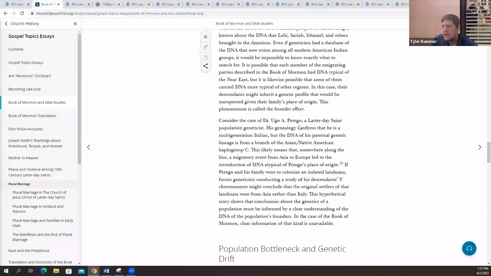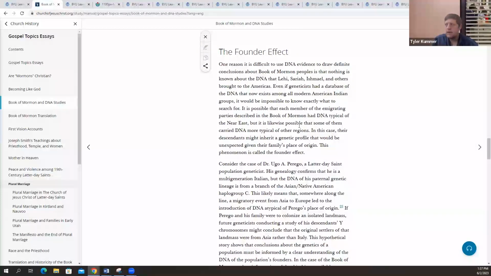And what they're saying here is that, first of all, in the Book of Mormon account, we have an account of founder effect, right? A small population founding a new group. They're leaving Jerusalem and founding a new population.